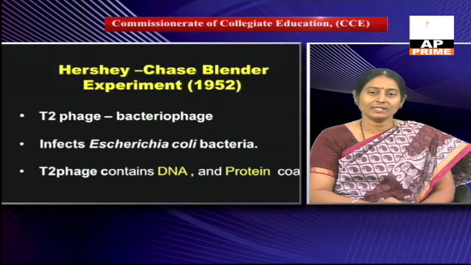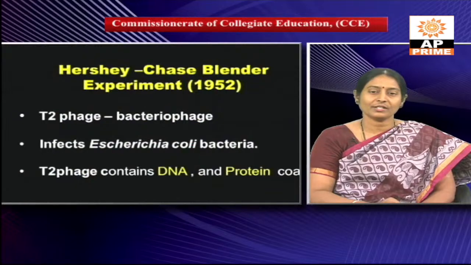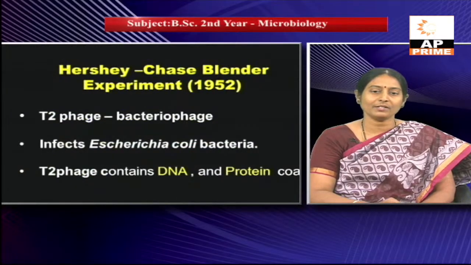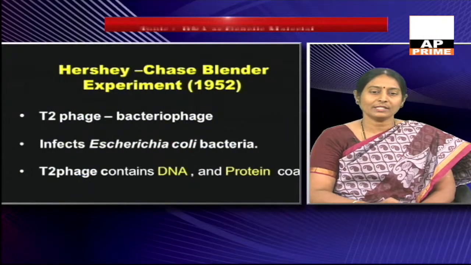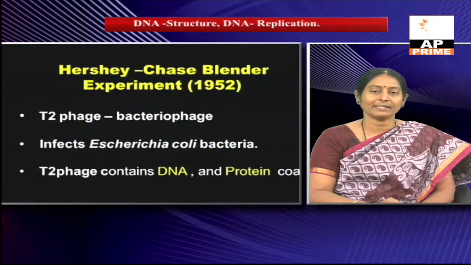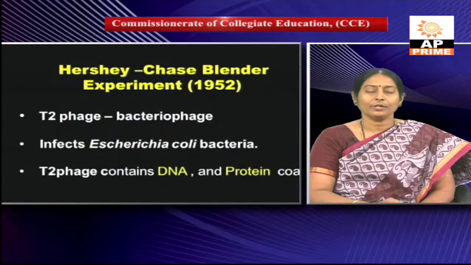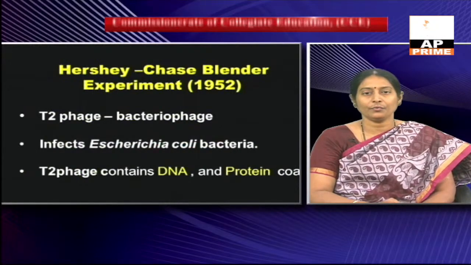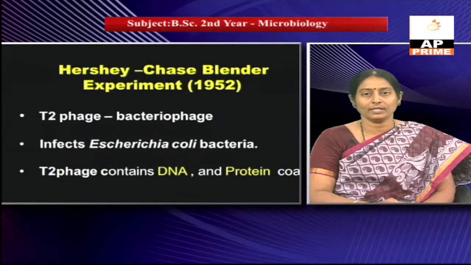This is also known as the Hershey and Chase blender experiment. They took T2 bacteriophage, which is a virus that infects the bacterium Escherichia coli. You have to remember one point: T2 phage itself has only two things in its structure, DNA and protein coat.